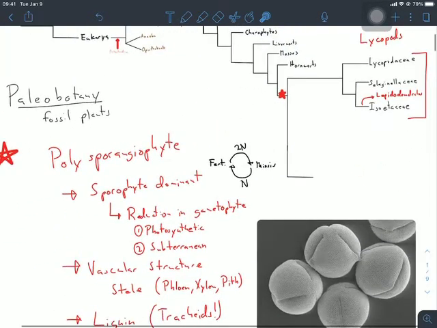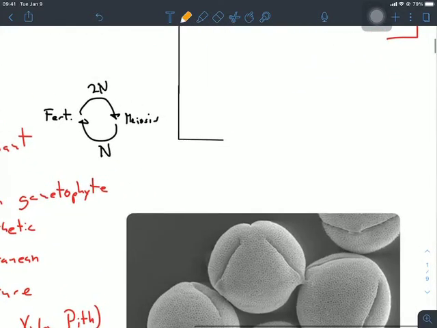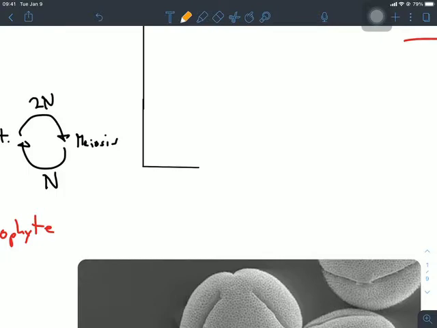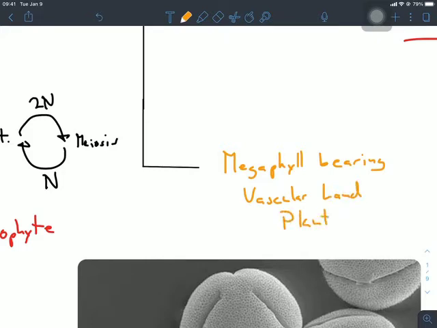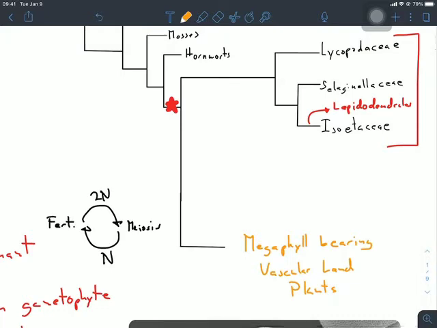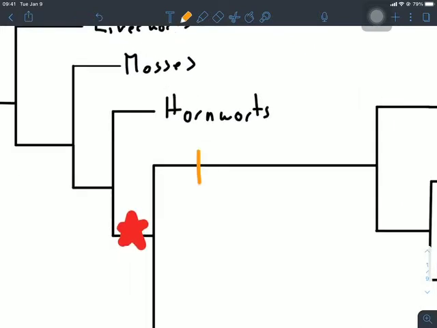Of course, both our lycopods and our other lineage, our vascular plants that are not lycopods, because they are megaphyll-bearing land plants, this group down here, obviously the focus of future lectures, differ from our lycopods because our lycopods don't have megaphylls, they instead have microphylls.